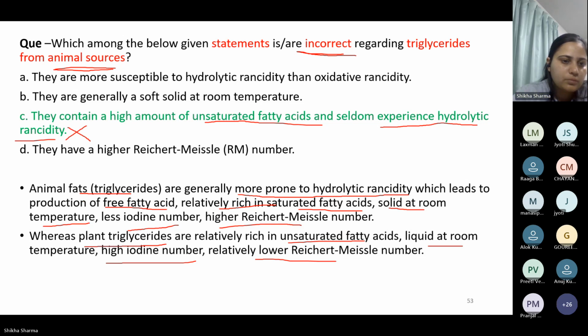So from this we get to know that animal fats are rich in saturated fatty acids, whereas plant triglycerides are rich in unsaturated fatty acids.